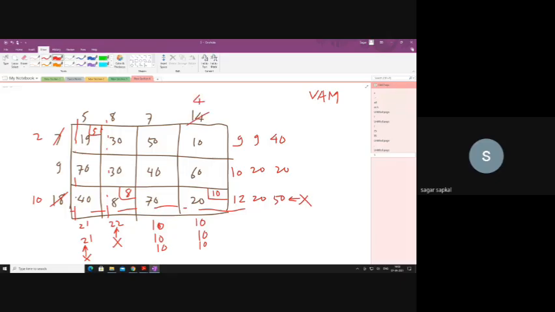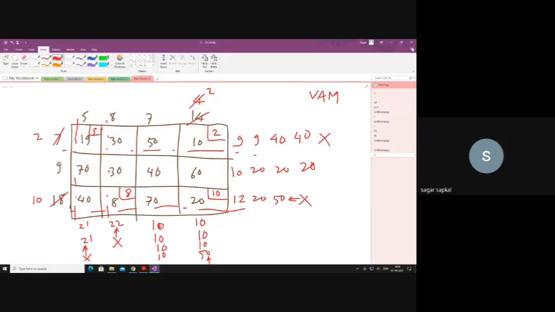Then the difference between these two again, 40, 20, 50, 10. So this will be the maximum penalty column. This will be the minimum cost value cell, where the maximum possible allocation is 2, so that this will get crossed and 2 will remain. Next, here it is over.